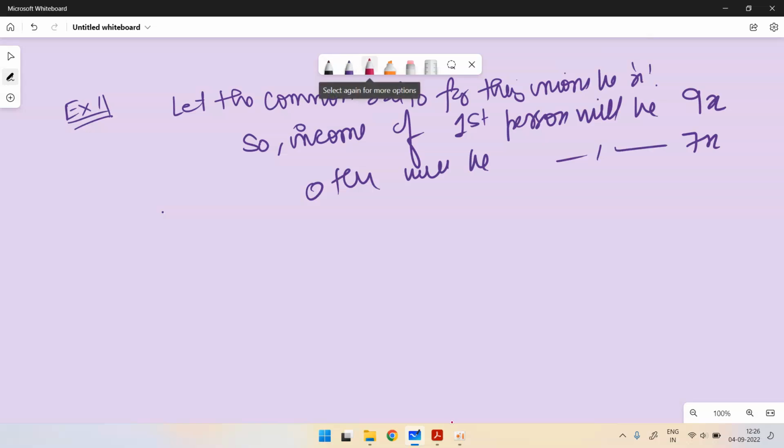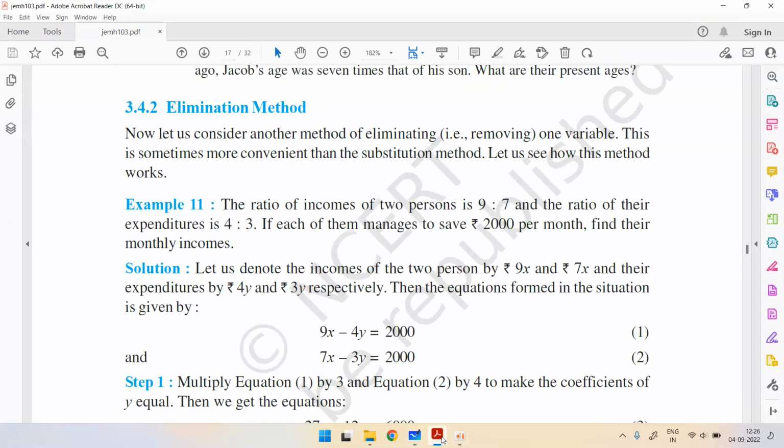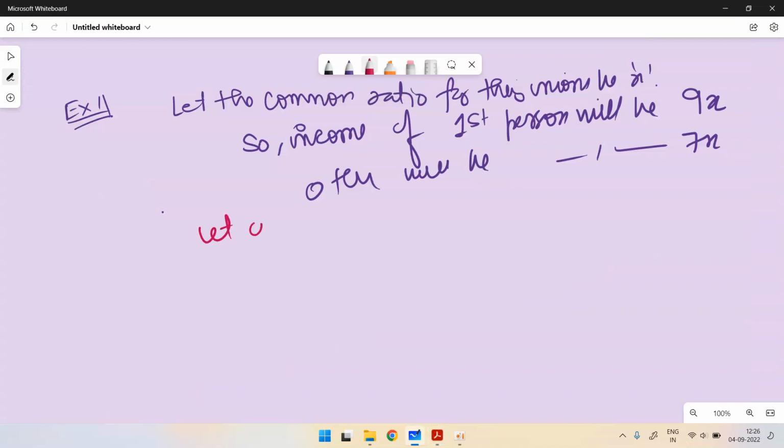Now the second thing: the ratio of expenditure is 4 is to 3. Let the common ratio for expenditure be y.